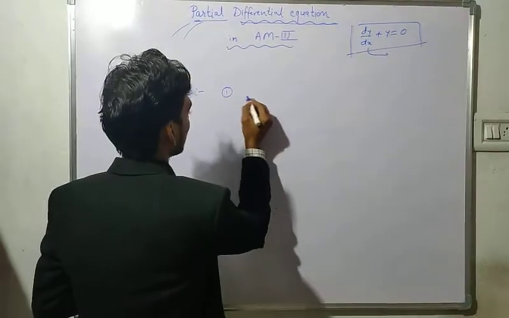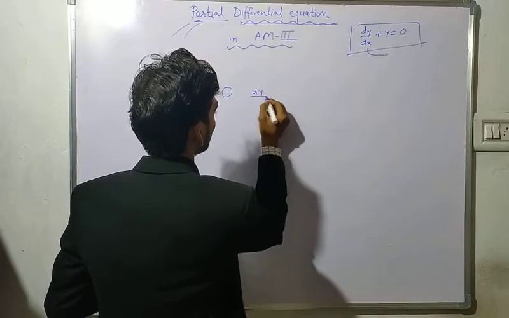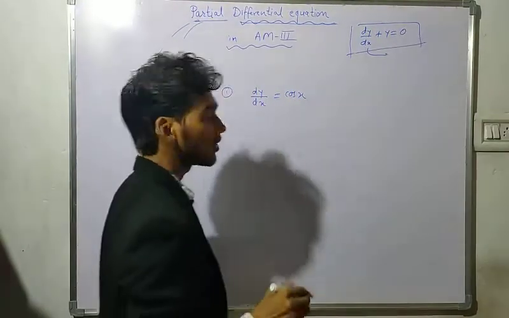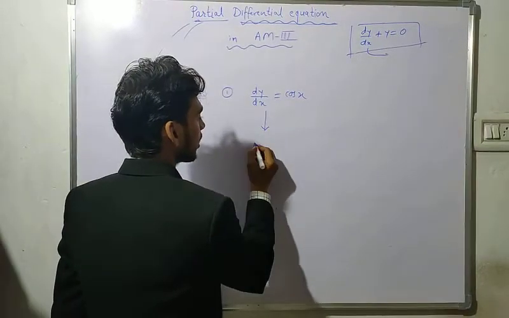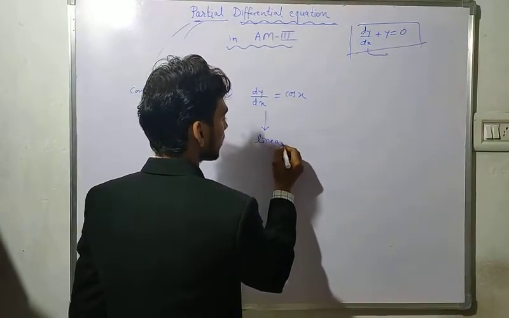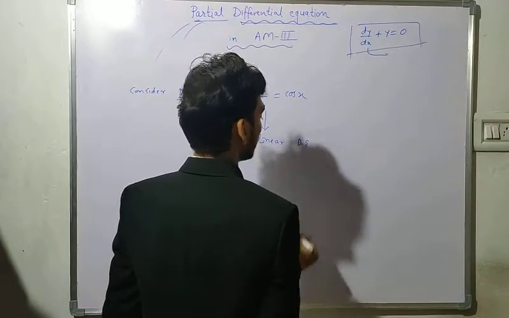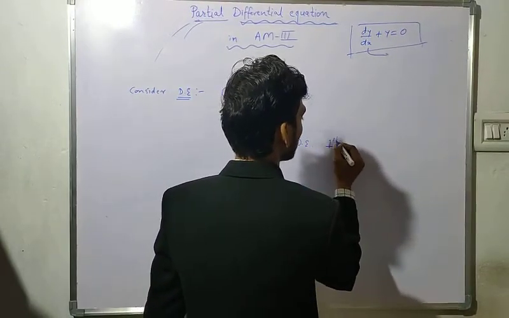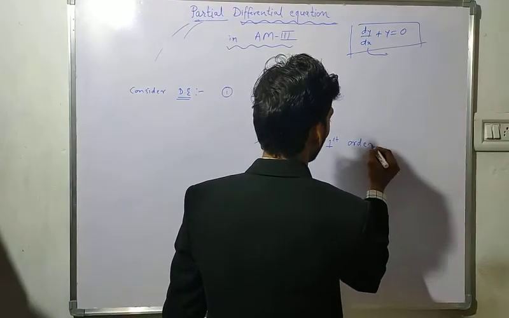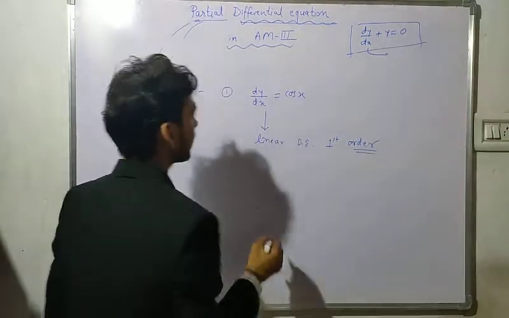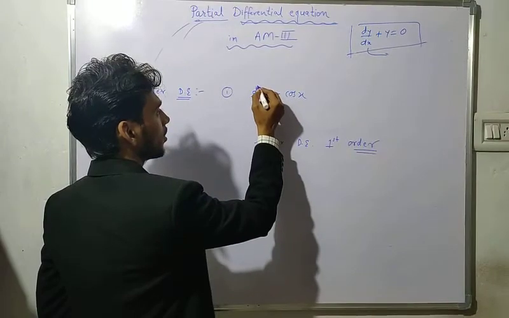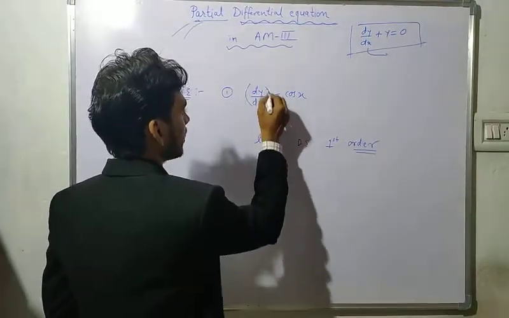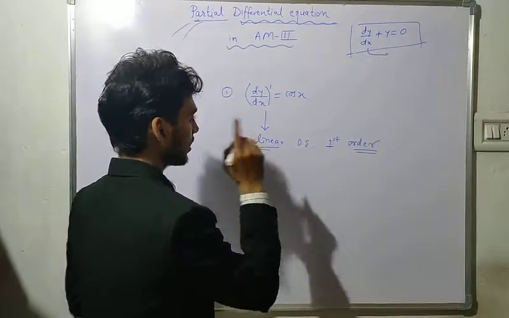For example 1, dy by dx equal to cos x. This is a simple linear differential equation of first order. Why first order? The highest order derivative is 1 and its degree is also 1. That's why it is linear also.